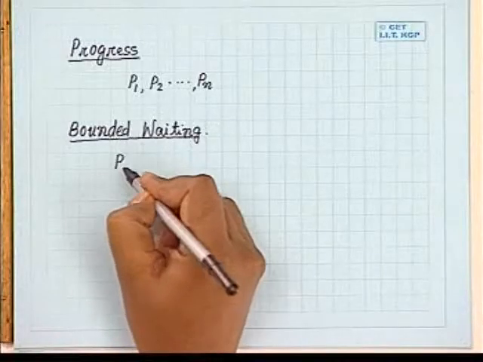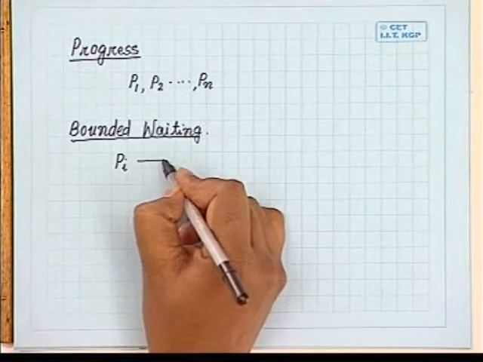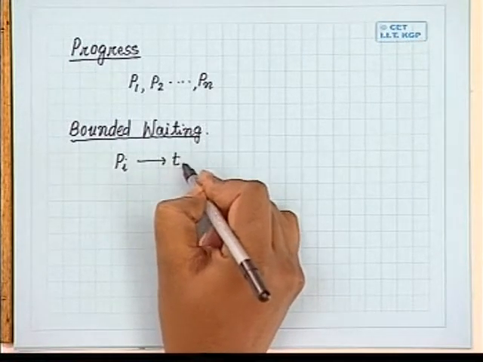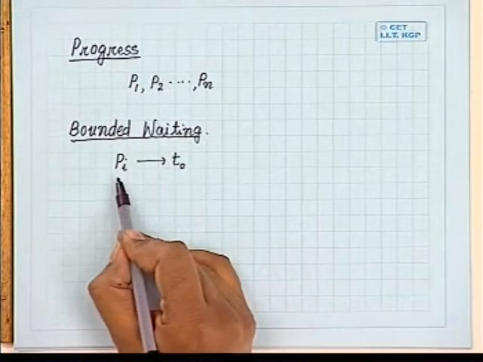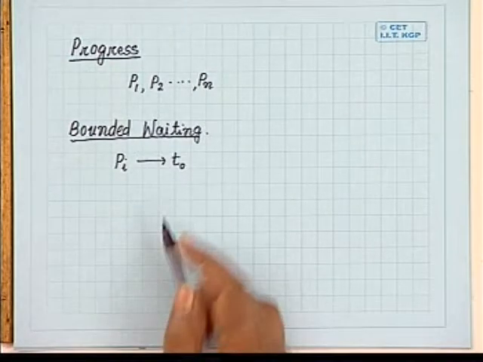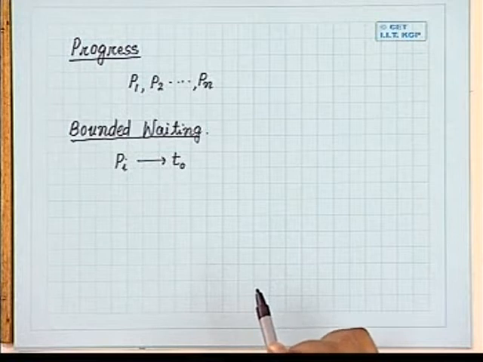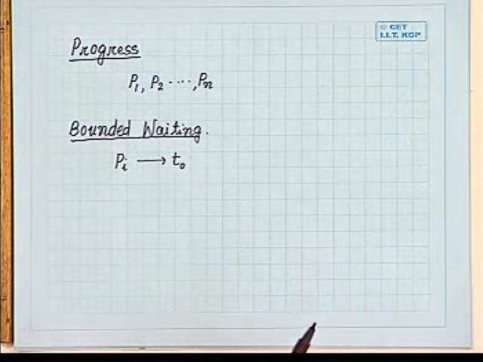So if a process Pi has put a request to enter the critical section at time say t naught, so at time t naught, Pi has just put a request that it wants to enter the critical section. It may not be able to enter the critical section immediately because there may be another process executing in the critical section.